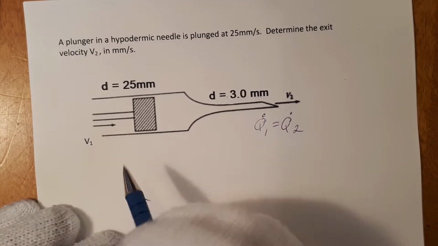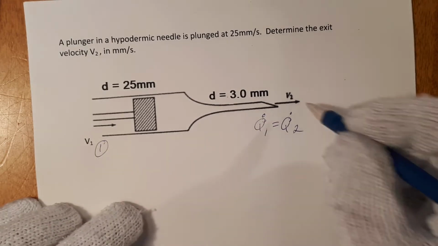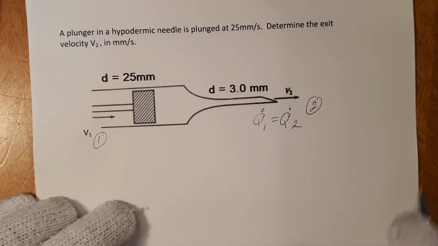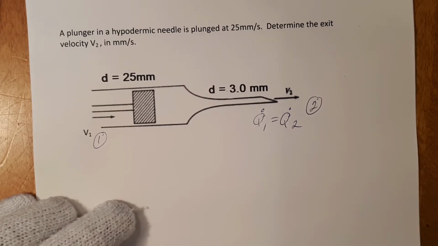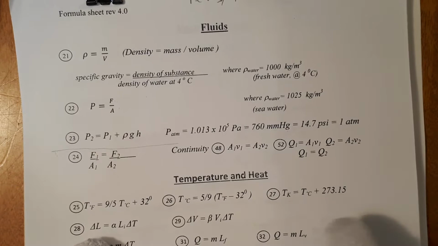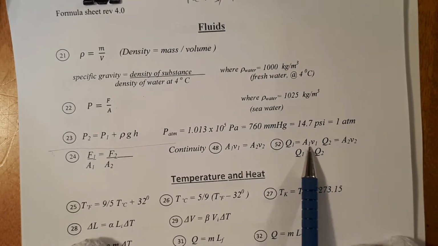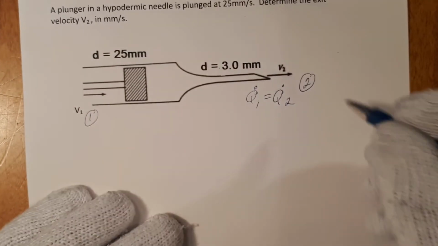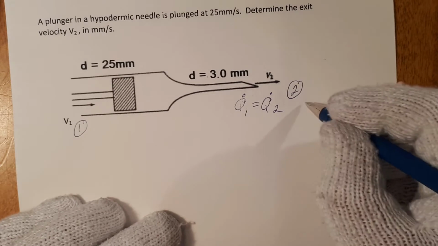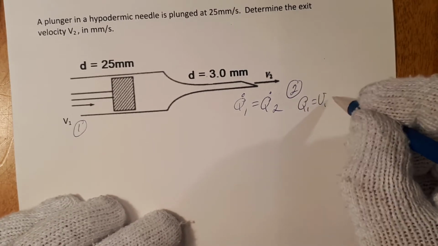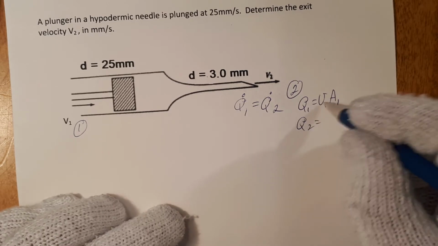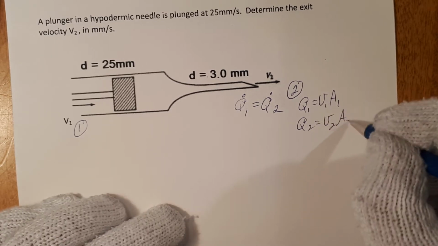We'll call the beginning here point 1, and at the end here, we'll call this point 2. And we can expand these volume flow rate equations. Volume flow rate Q1 is equal to A1 V1, and Q2 is equal to, using the same terminology, A2 V2.